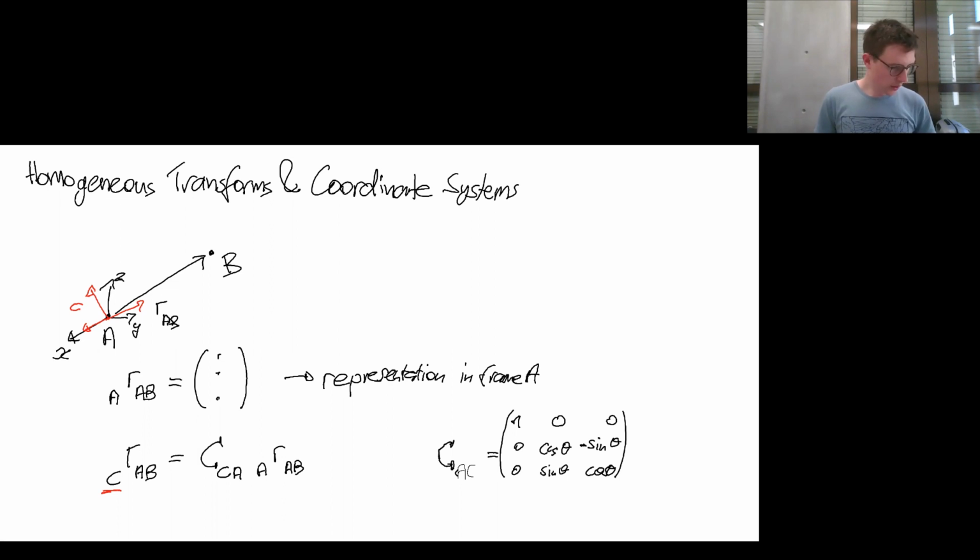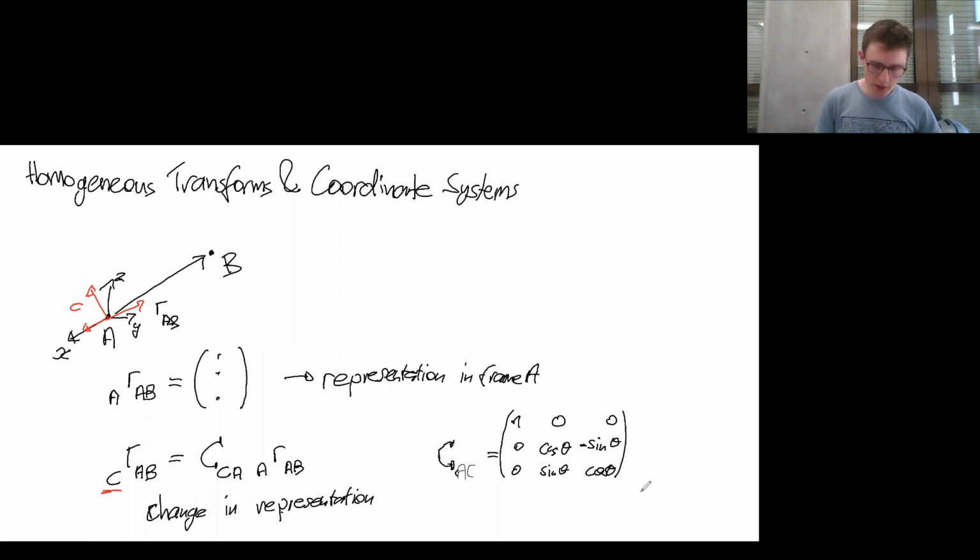So, having said that, what's important, and in distinction to what we will cover afterwards, is that what we do here is a change in representation only. Meaning the physical vector has not changed at all.